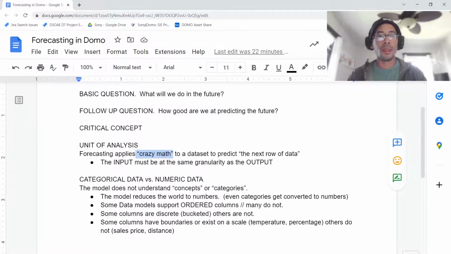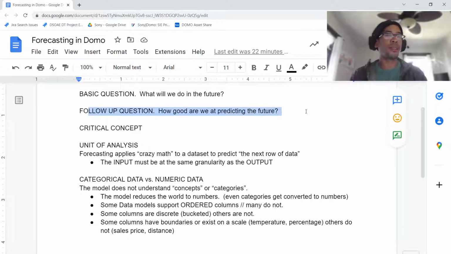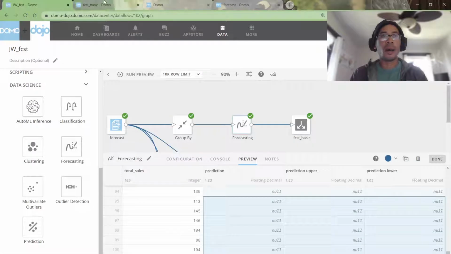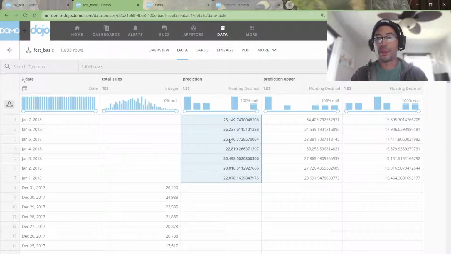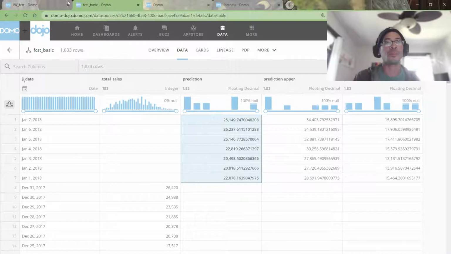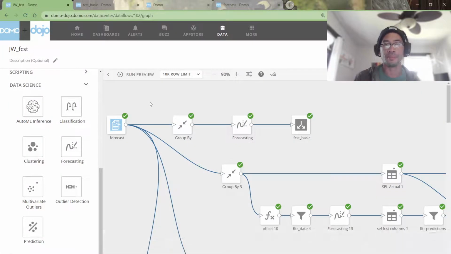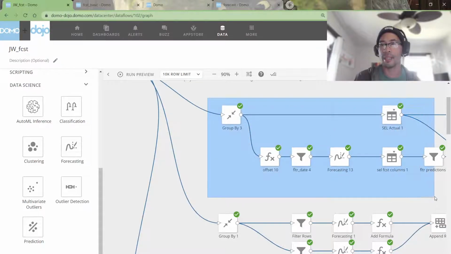Cool. The next thing we need to take a look at, though, is how good are we at predicting the future? Jay Wilson, you guessed 25,000, 26,000, da-da-da. Where's your accountability? How do I know that you're good at predicting the future? So we need to extend our model. That's what this data flow is going to give us here.